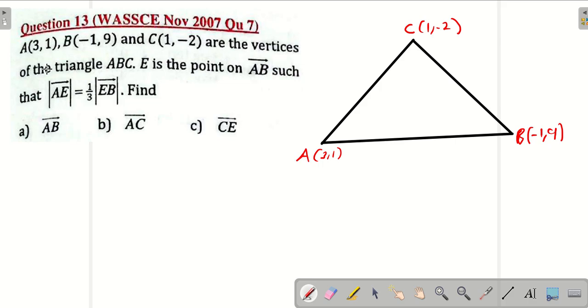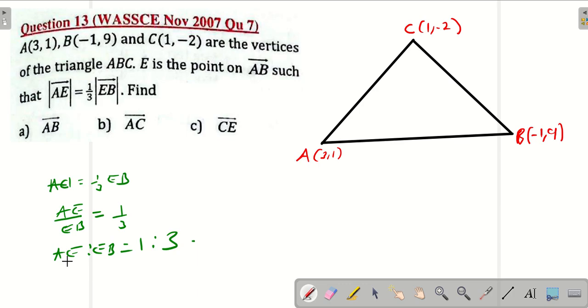So now we see that AE is equal to 1/3 EB. Let's divide both sides by EB. You will get AE over EB should be equal to 1 over 3. Therefore, AE is to EB is 1 is to 3.